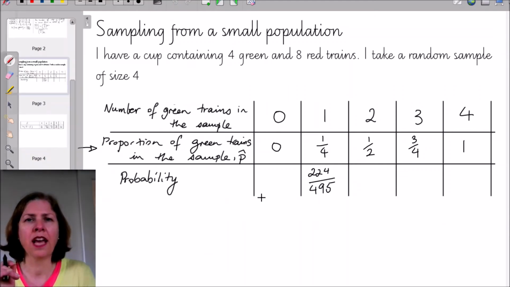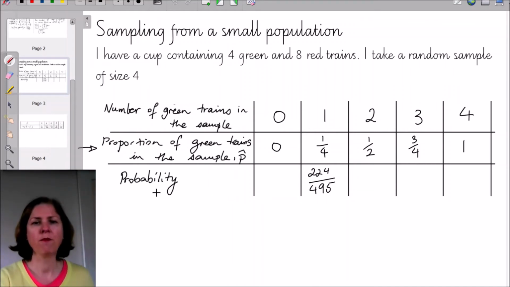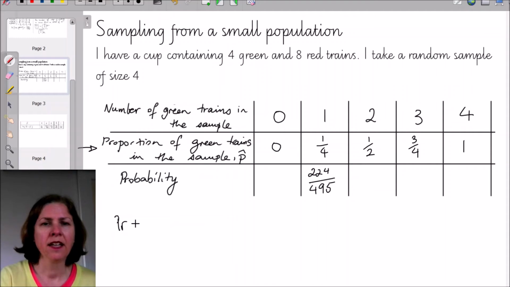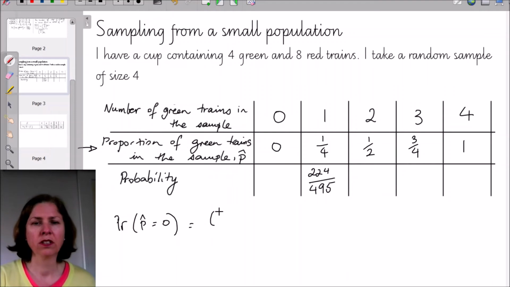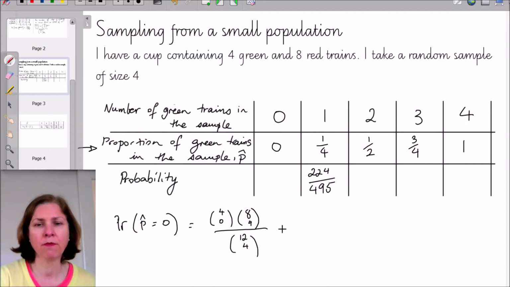So I'm going to use the same method that I used before. For example, if I'm looking for the probability that p hat is equal to 0, using the same formula, I've got 4 green trains and I'm going to choose none of them, and then 8 red, and I'm going to choose 4 of them, divided by a total of 12 trains, and I need to choose 4 for my sample.